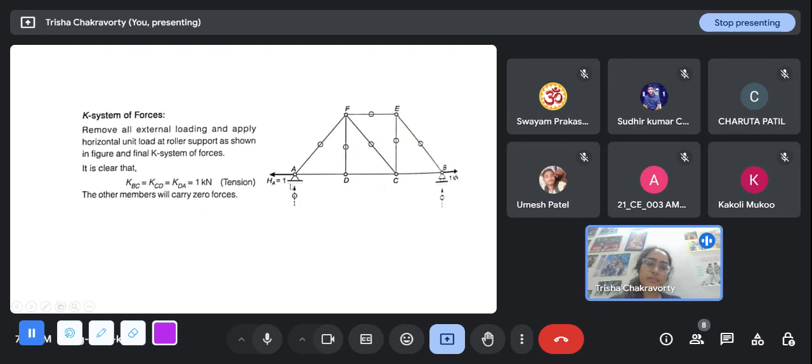Basically, since the vertical reaction at this point is zero, when we are doing sigma Fy equal to 0, we will see that this has no force, because if this is carrying any force, then who will balance out the vertical component of it? So this will be zero force, this will be zero force. If we solve it, we will find fast enough that none of these carry any forces, and each of the base members has 1 kilonewton tension.